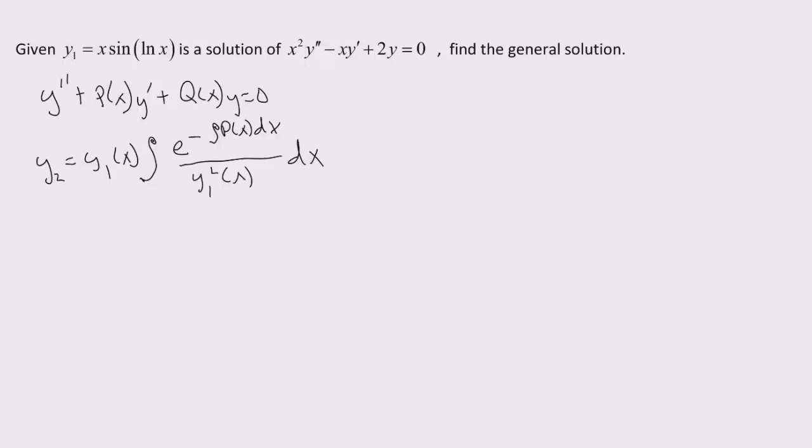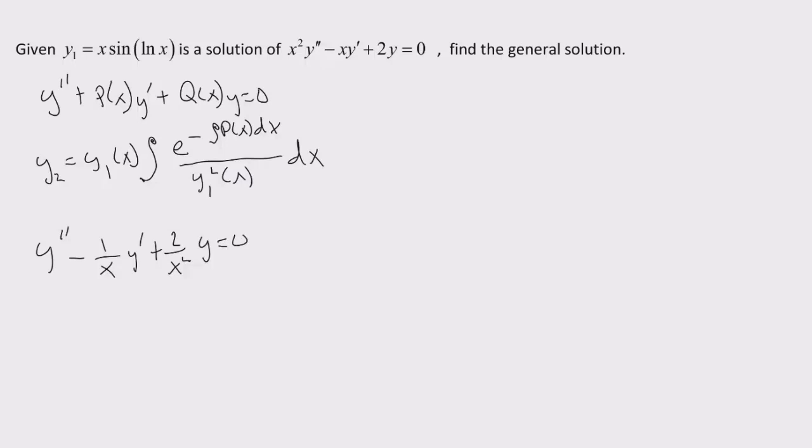Okay, so looking at what we are given, we need to divide by x squared. So that's going to give me y double prime minus 1 over x, y prime plus 2 over x squared, y equals 0.